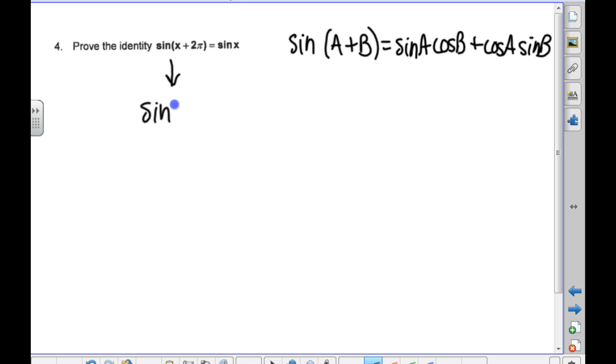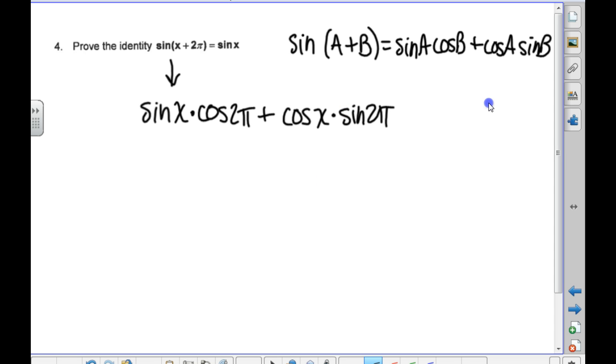It will be sine of x times the cosine of b, which is 2 pi, plus the cosine of a, which is x, times the sine of 2 pi.